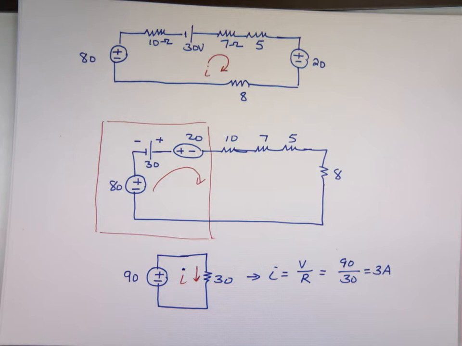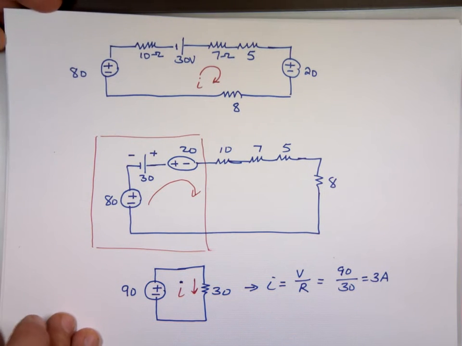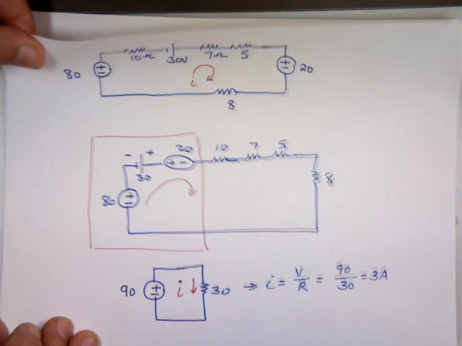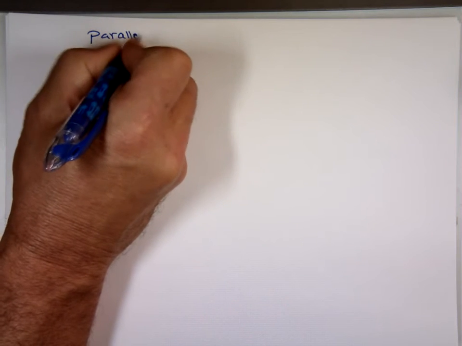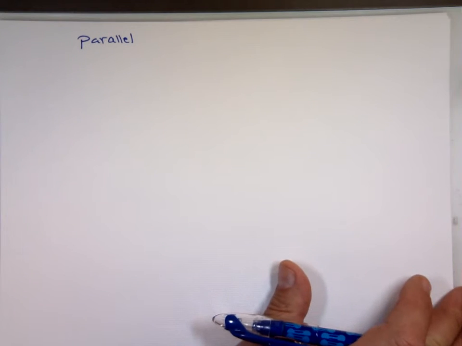Now, what about if the resistors are not in series, maybe in parallel? So let's look at resistors in parallel here and see what will happen. So I have this circuit.